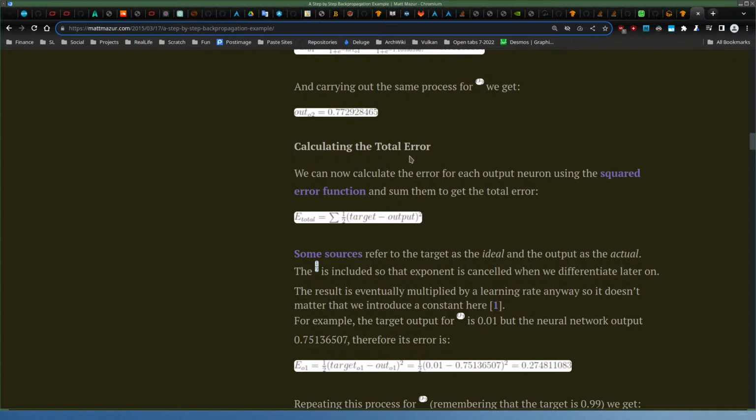Calculating the total error. You can now calculate the error for each output neuron using the squared error function, and sum them to get a total error. So I need a target, the same shape as my output.